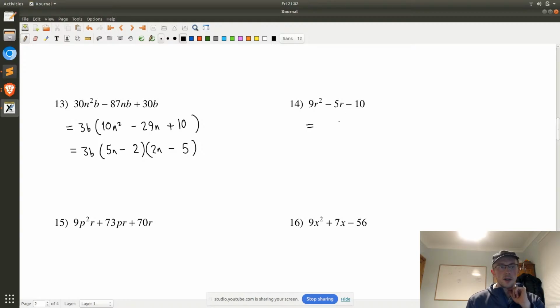And for this one here, open brackets. We could try 3r.